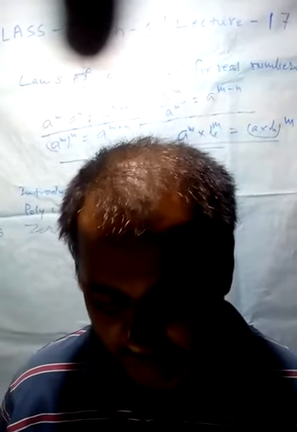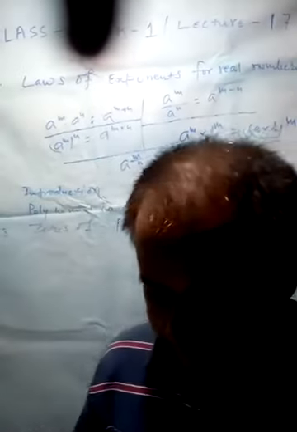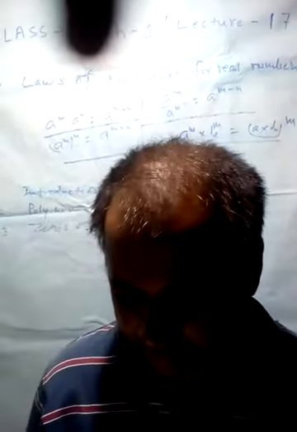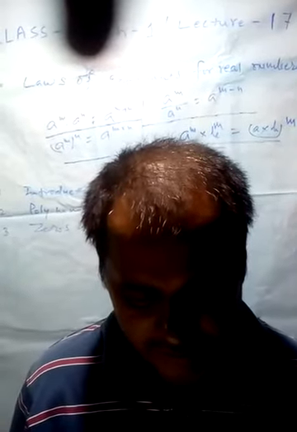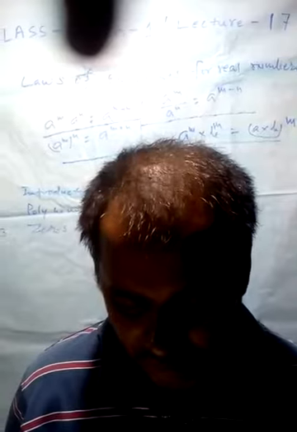Therefore we have the following definition. Let a greater than 0 be a real number. Let m and n be integers such that m and n have no common factors other than 1, and n is greater than 0.